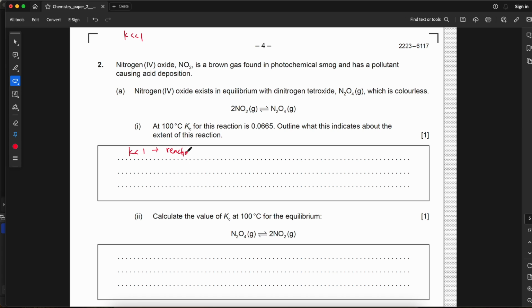The reaction hardly proceeds, or it could be the reverse reaction is favoured, so the concentration of reactant is bigger than product, because the reaction hardly proceeds.